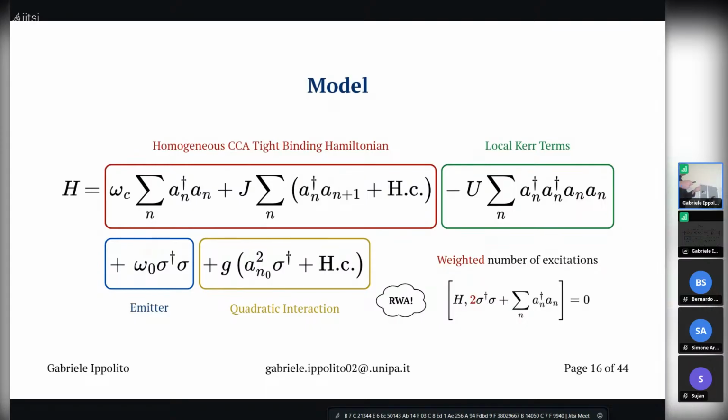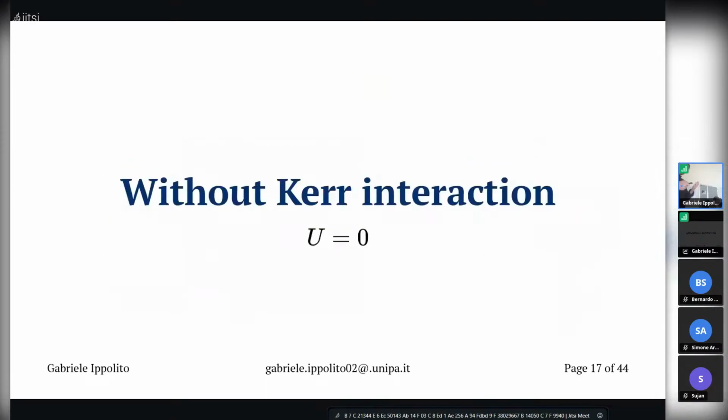Simply, this means that one atomic excitation in our analysis counts as two photons. This is the meaning of this 2 here. And this is called the weighted number operator, which leads to the so-called weighted number of excitations. The first part of my thesis project was to study this model without accounting for the Kerr interaction.